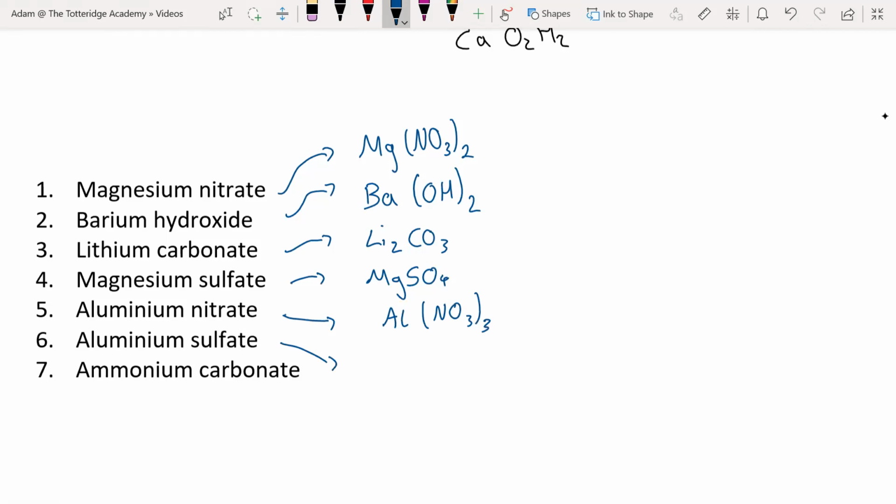Aluminium sulfate, well, if aluminium is 3 plus and sulfate is 2 minus, I need to have 2 aluminiums to bring it up to 6 plus, and 3 sulfates to bring it up to 6 minus. Finally, ammonium carbonate, (NH4)2CO3.